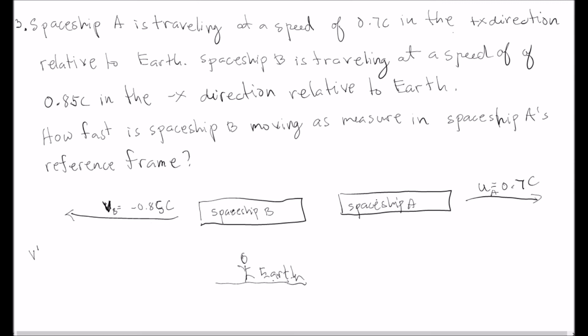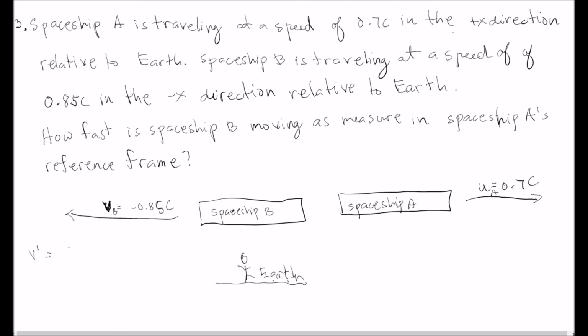v prime, since spaceship A is the moving frame. So what will be the observed speed of spaceship B relative to spaceship A, if spaceship B's speed relative to Earth is negative 0.85 c? Okay, so we're going to solve for v prime.